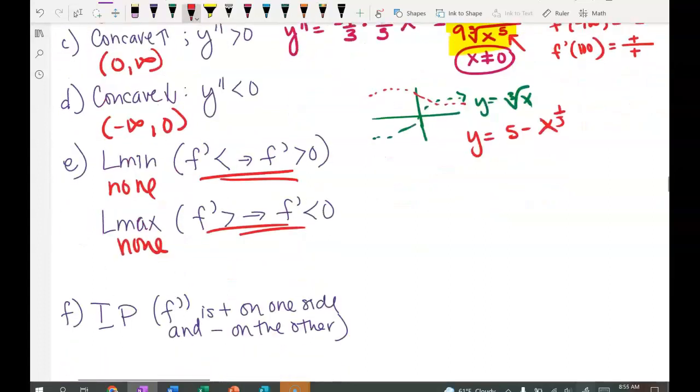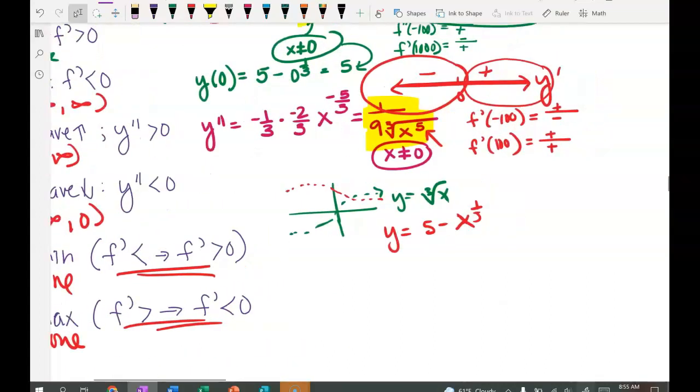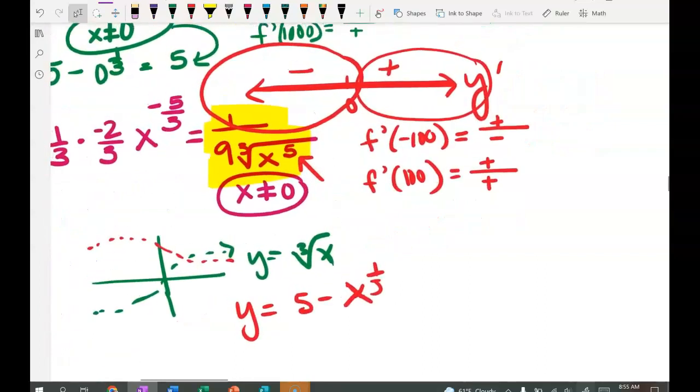And then the last one says the second derivative will give us the inflection if there is a change from positive to negative or vice versa. And we do have a change. We have a change from a negative second derivative to a positive second derivative.